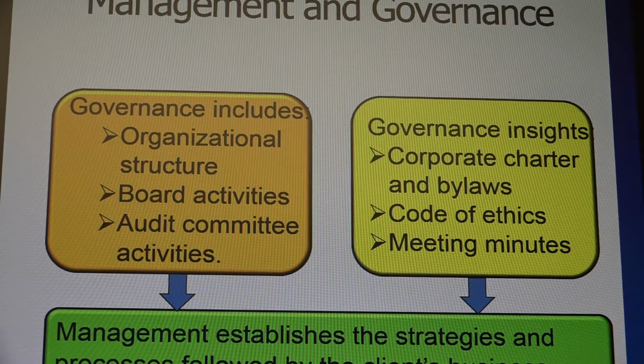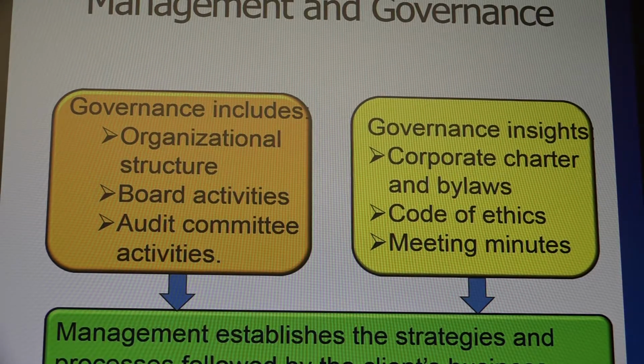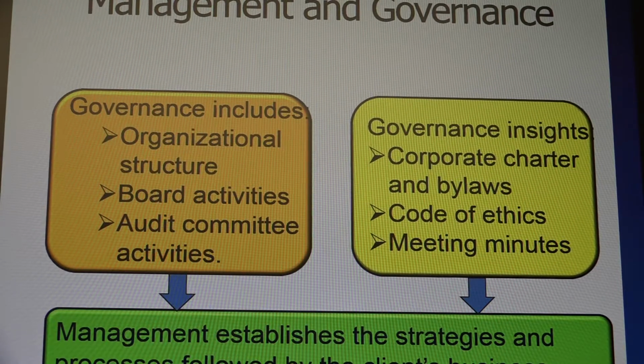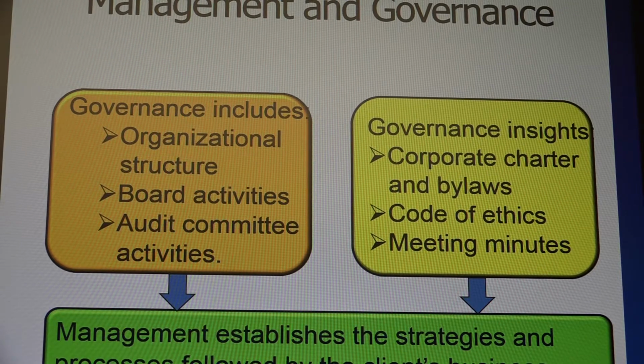Whether or not an audit client has a code of ethics might be an indicator of how they govern. If they have a code of ethics, it's at least an indication that they are of high integrity. Now, it doesn't mean everything.